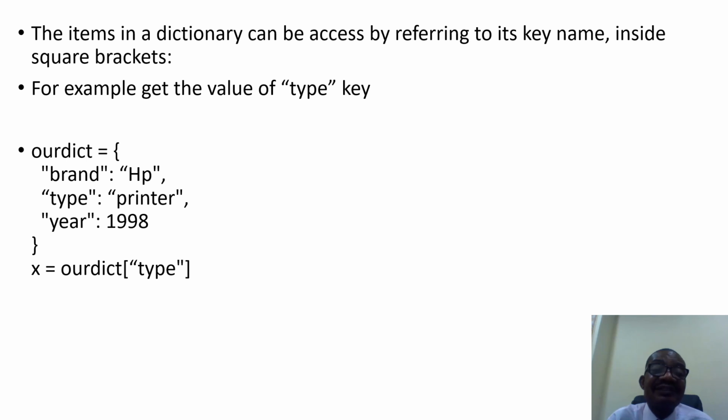We can see that this dictionary has a string assigned to the brand, a printer assigned to the type, and an integer assigned to the year. So X is equal to our dict. Then you put the key to indicate the value.